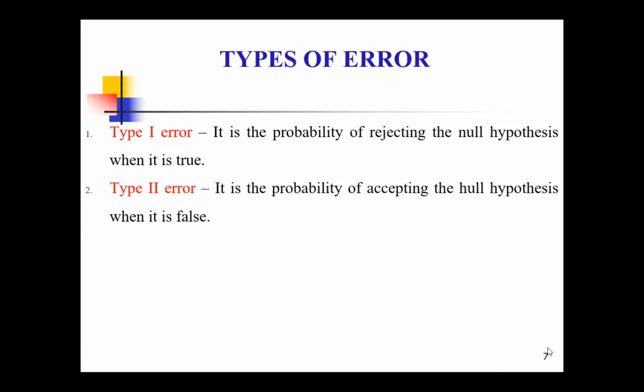But because of some errors, I am going to accept the null hypothesis instead of accepting the alternate hypothesis. So this comprises the type 2 error. Rejecting the null hypothesis when it is true is type 1 error. Accepting the null hypothesis when it is false is type 2 error.